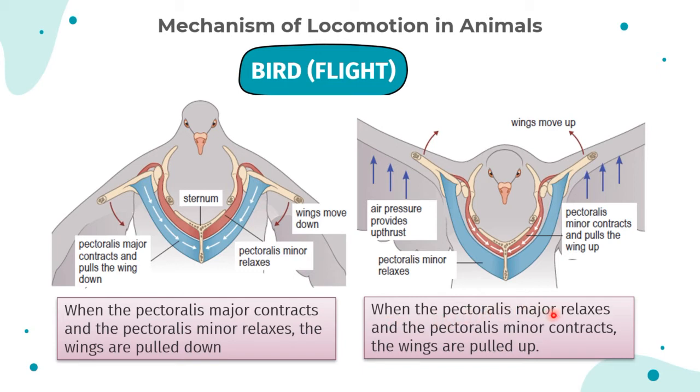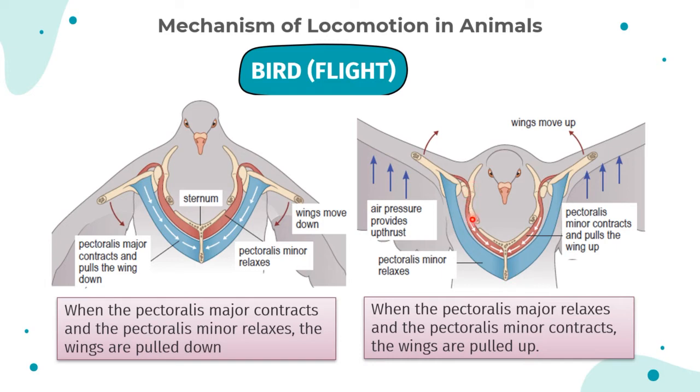And then, after that, what happened? When the pectoralis major relaxes, and at the same time the pectoralis minor contracts, then the wings are pulled up. Let's go to the diagram here. You have to know which muscle is contracting.